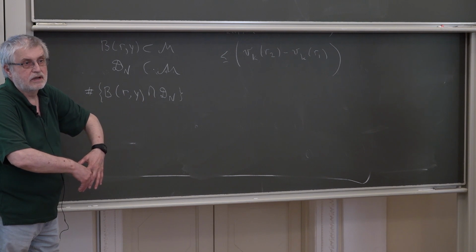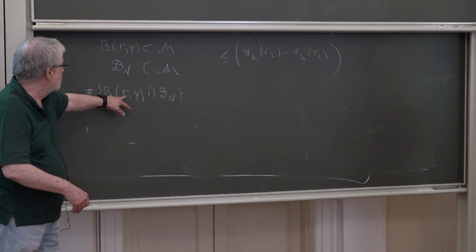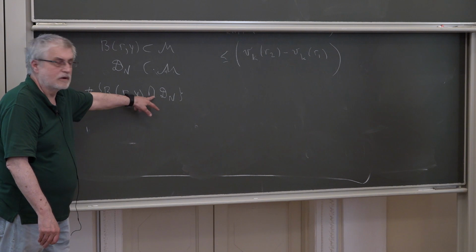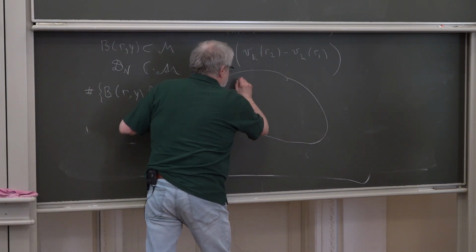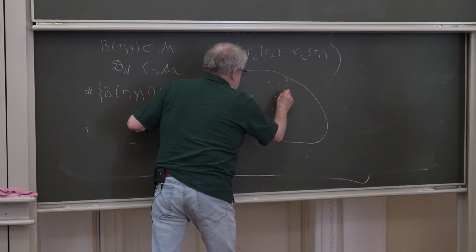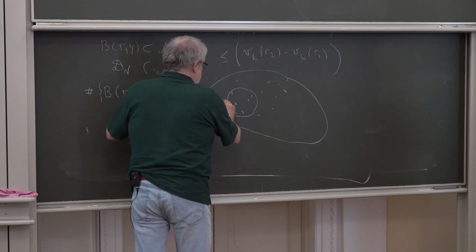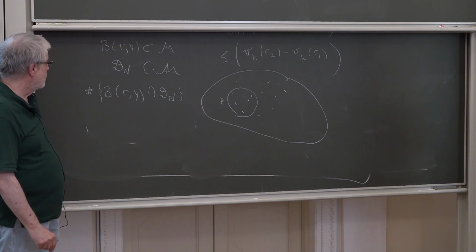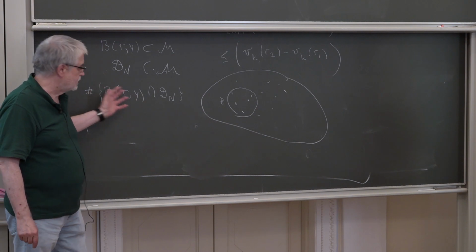It's the volume of the intersection. So there is our M, then the points. Now we consider the ball B, and we calculate the number of points that are inside. This is the quantity.